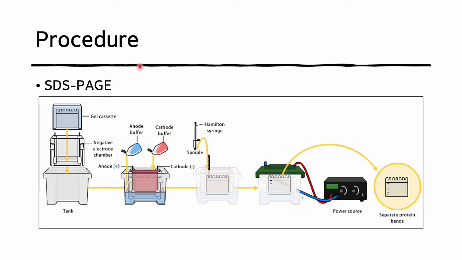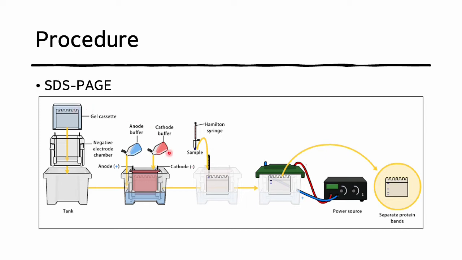You make a loading sample with those protein samples, and you load those proteins here in the comb. And then we're gonna go over this SDS-PAGE in detail after I explain gel electrophoresis.